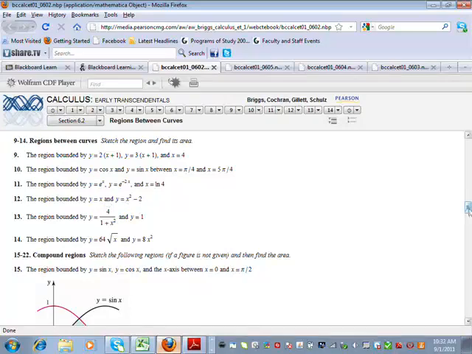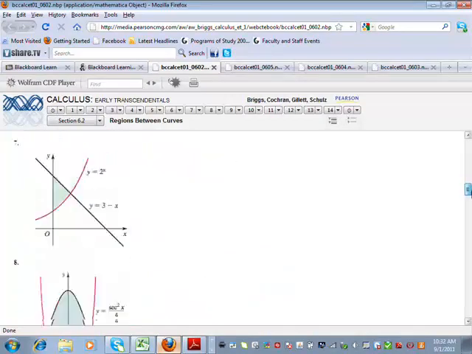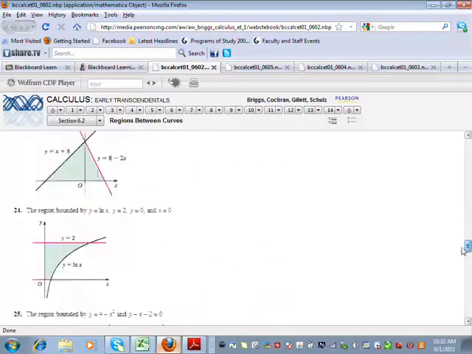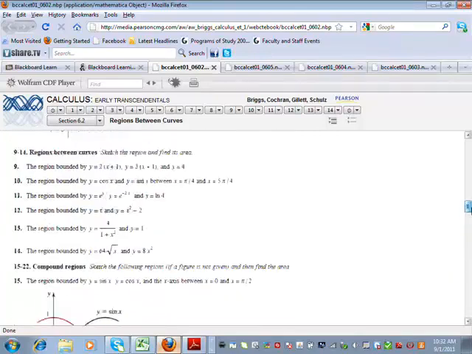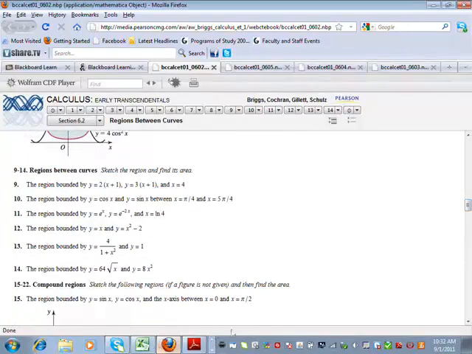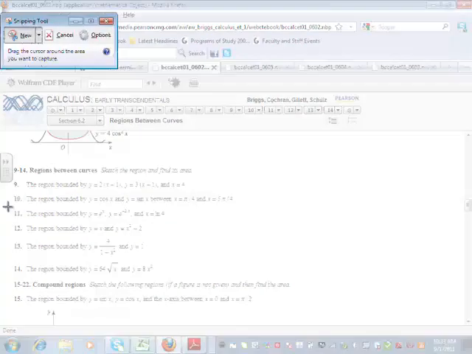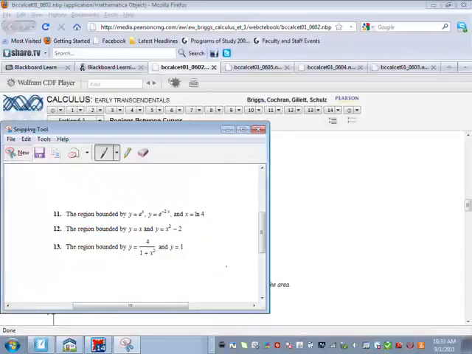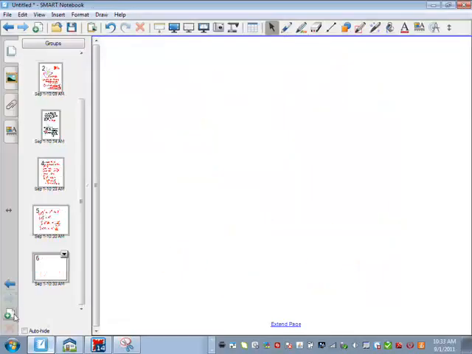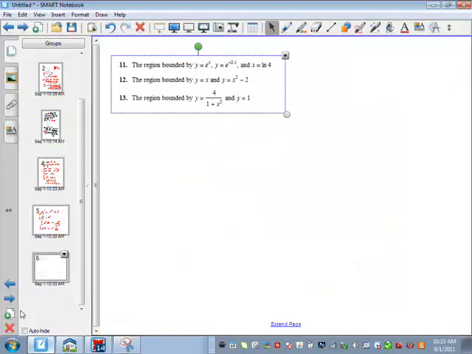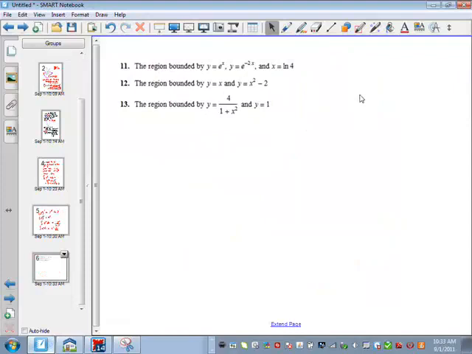So they gave us that picture and they asked us again, right? So 11 through 14. We'll just click off 11 through 13, and then we'll just note that that one's been done. Looks like all of these are good. So we'll do a couple of these, and then we'll do some with respect to y exclusively, and then we'll get back to rotating around axes.